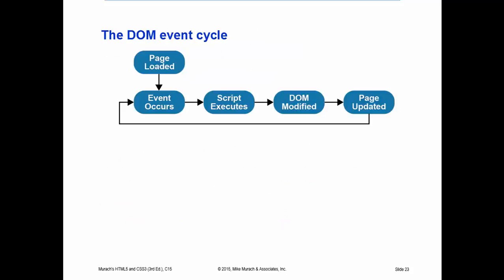So next they have an example here. Oh, here's the DOM lifecycle. Okay, good enough picture. It's shown on page 507 in the book. So the page is loaded. As you see, some kind of an event occurs, which causes some kind of a script to execute, which modifies the DOM in some way, which updates the web page.